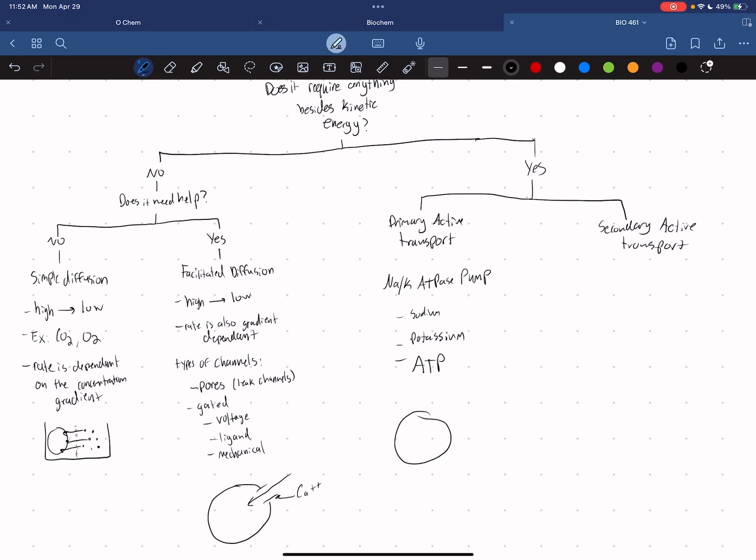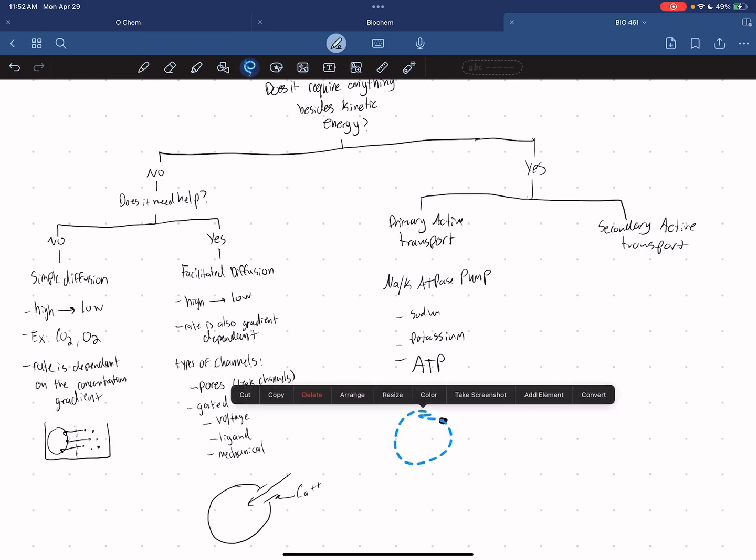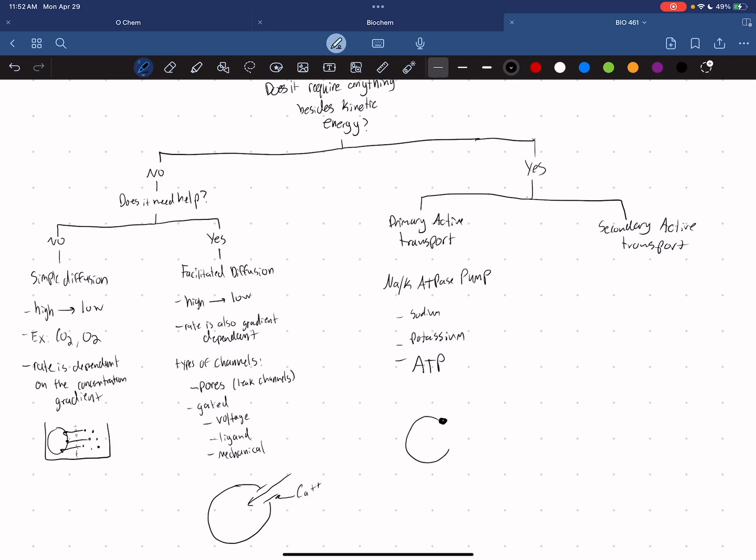Drawing a cell here, we can show the pump, and when ATP binds to this pump, we will have the movement of 3 sodium ions out of the cell and 2 potassium ions into the cell. This is called active transport because it requires the use of ATP.